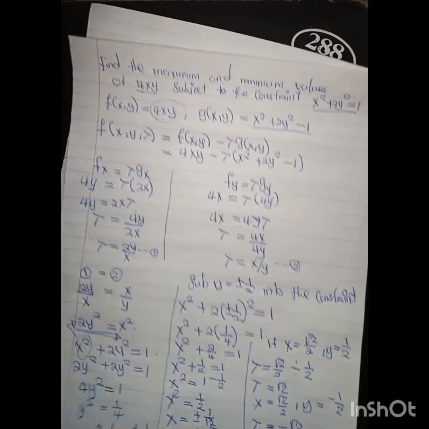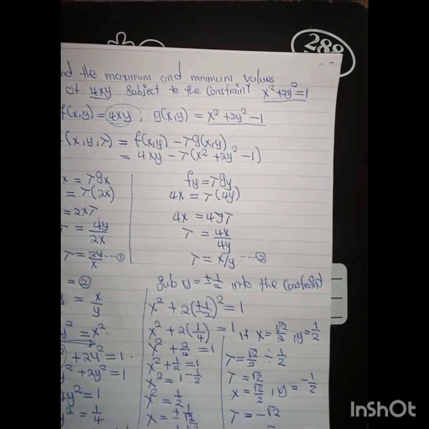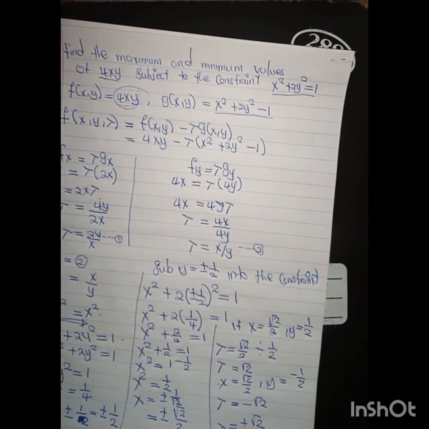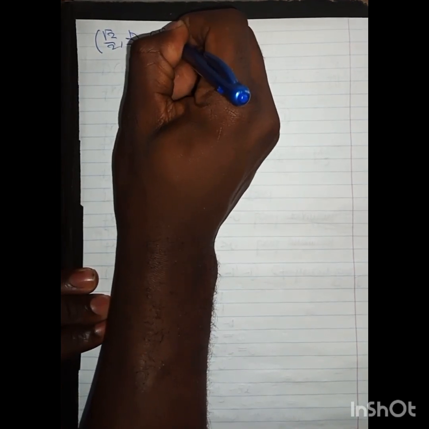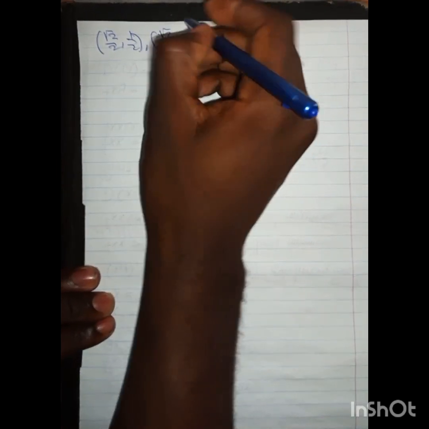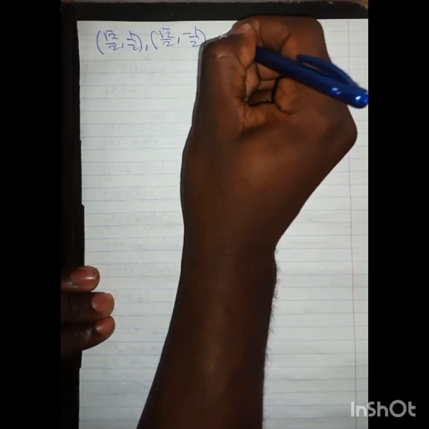And then for now, let me look at the following. I will start by writing the points first. We have the points root 2 over 2, 1 over 2, and then root 2 over 2, negative half.